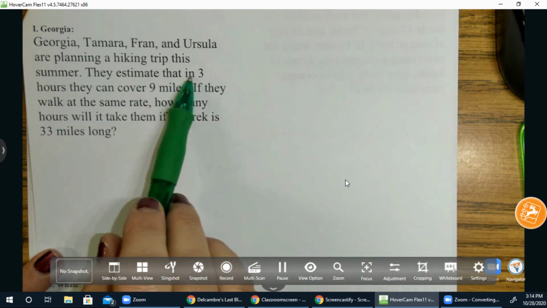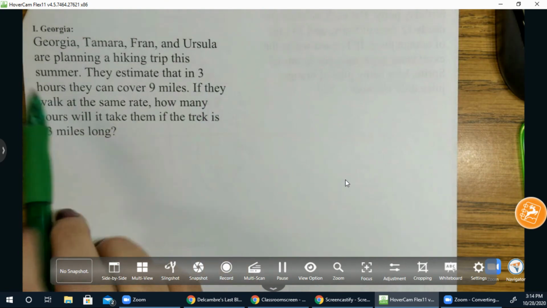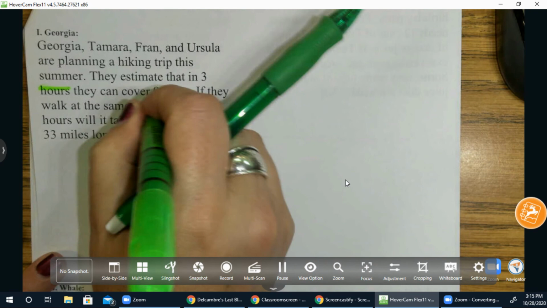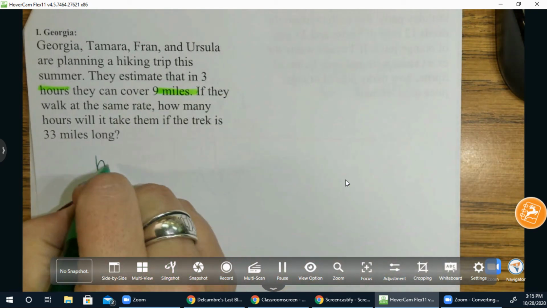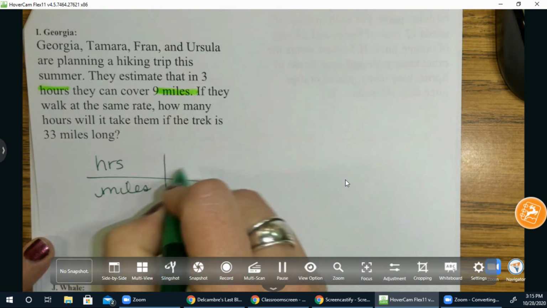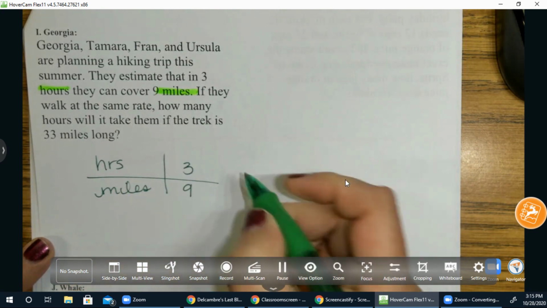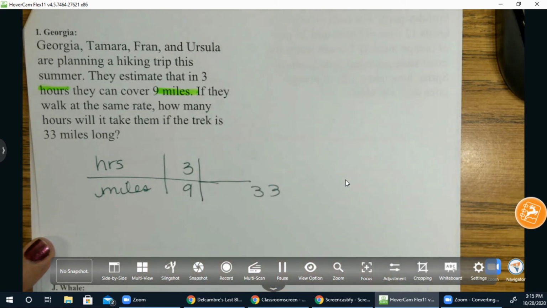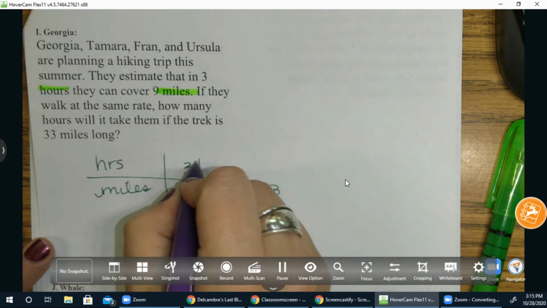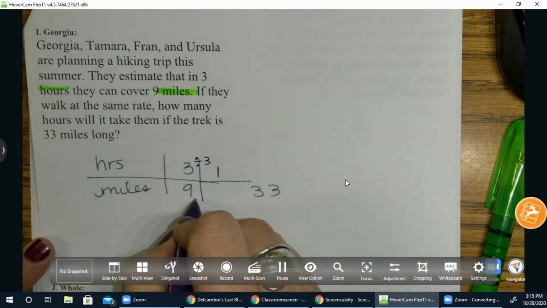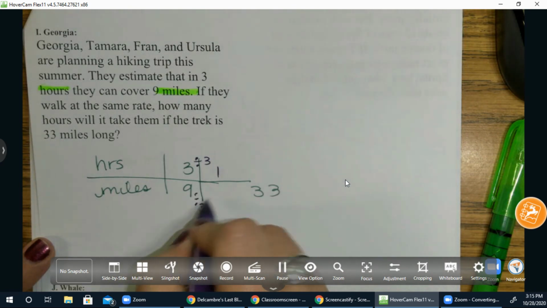this section. So we're comparing our hours and our miles. So we're comparing hours and miles. All right, so we have 3 hours for 9 miles, but we've got to figure out what 33 miles is going to be. So I can find this as a unit rate by dividing 3 by 3 to get 1, and 9 by 3 to get 3.